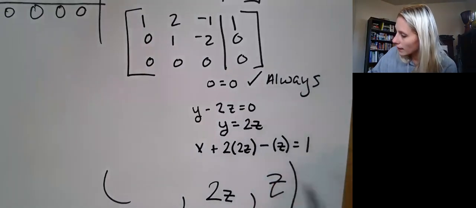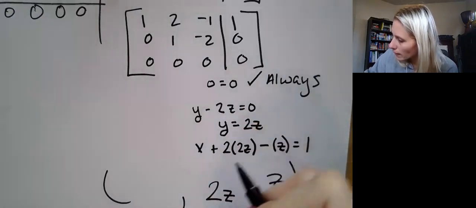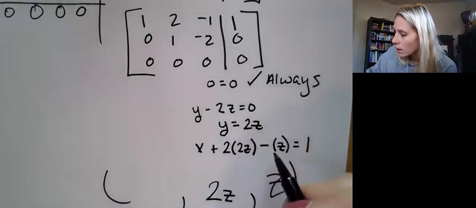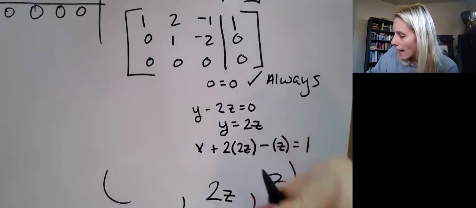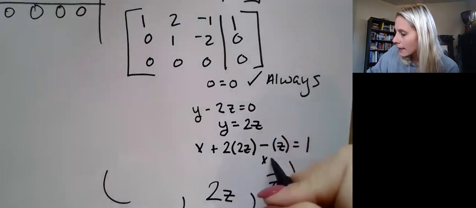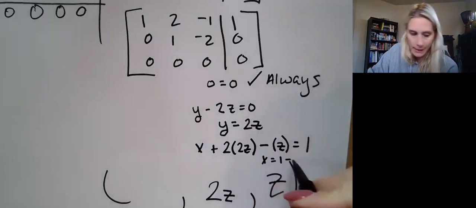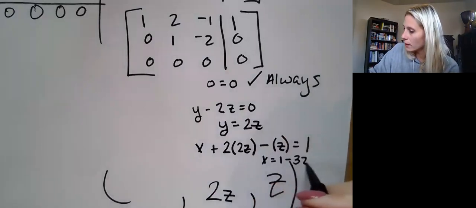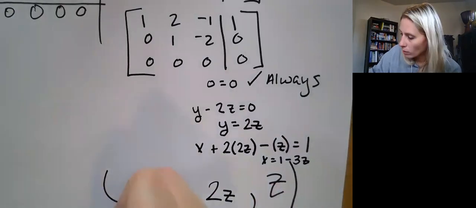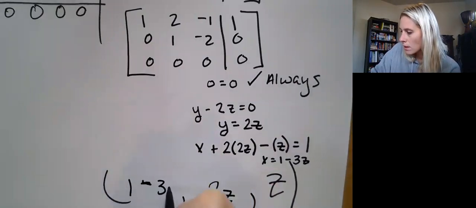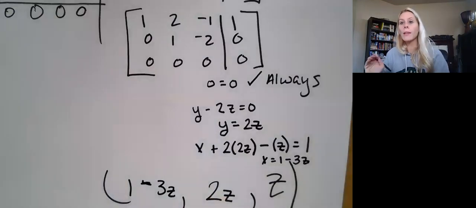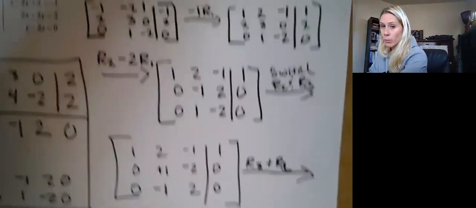Okay, now let's do this out. So we get, that's 4z. 4 minus 1 is 3z. So what we'll have is that x equals 1 minus 3z. And now we have that as our coordinate. So let's run through this example again to make sure we have it all.